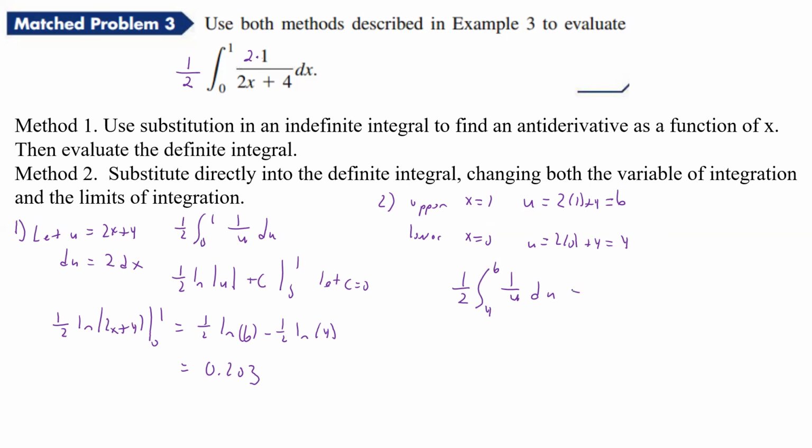So when you do this, we get 1/2 ln absolute value, but here both of these are positive, so we can just say u. And we're going from 4 to 6. So that's 1/2 ln of 6 minus 1/2 ln of 4. And that's still 0.203. So they both give us the same answer.